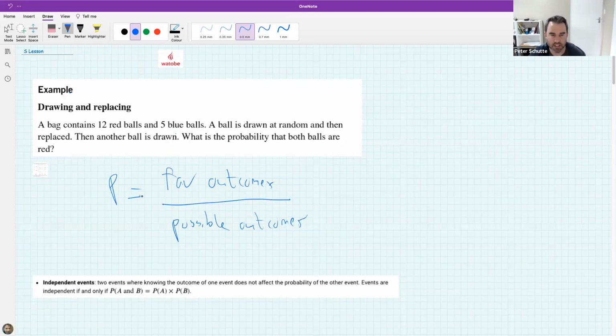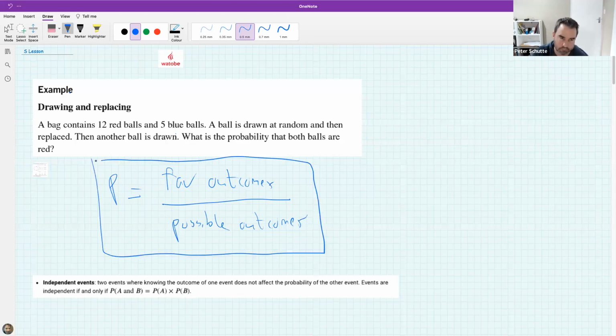Now, in this particular question, this is the golden rule of probability. This is the equation that rules them all.